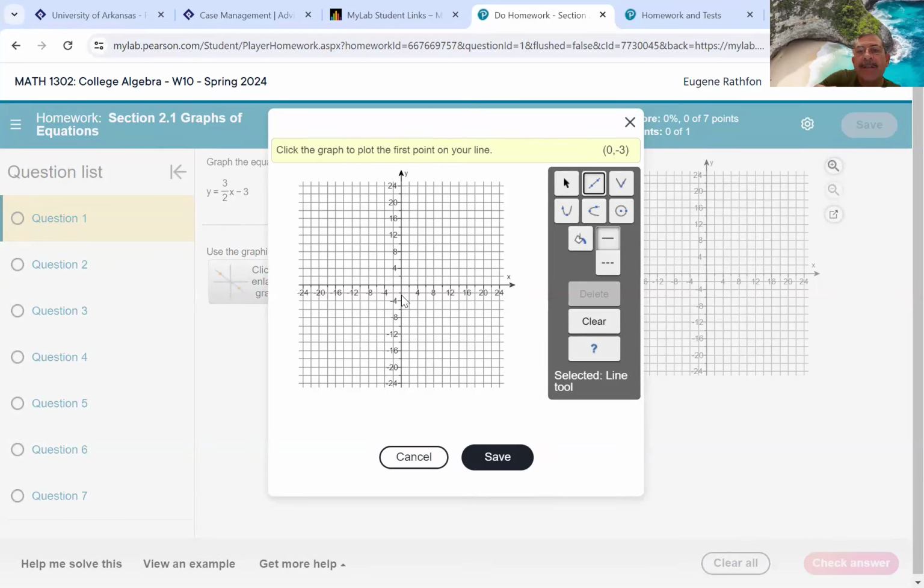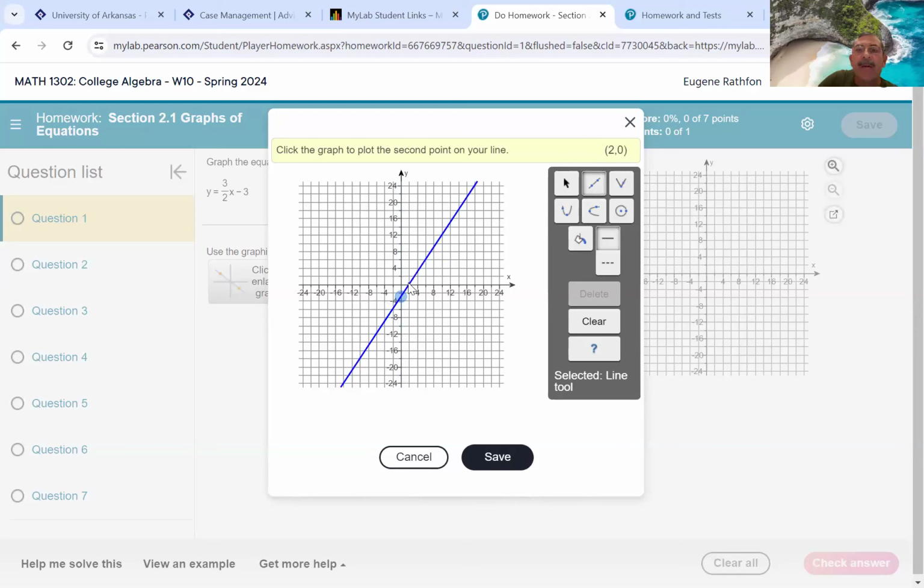Now, if you notice on the little yellow band in the top right here, it tells you the points as you're moving this little cursor around. You'll see that? So I'm going to go to (0, -3) again, click that. And then my second point was (2, 0). So I'm going to go over here and go right 2.